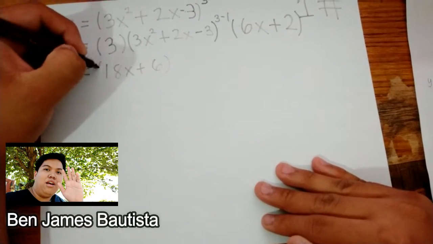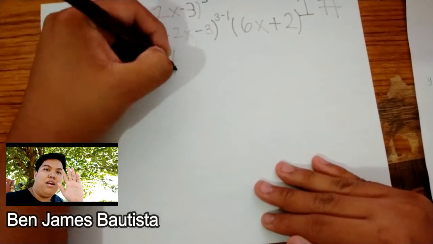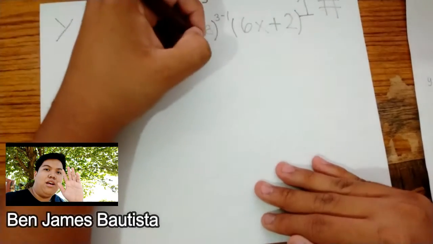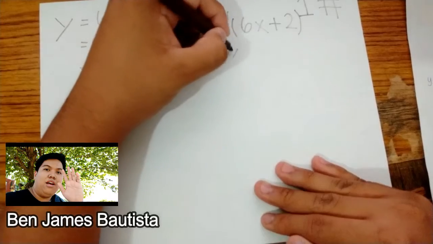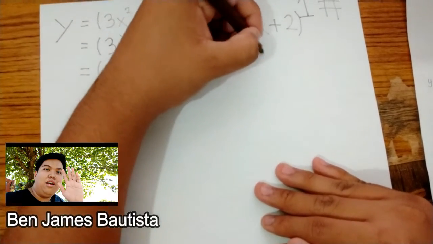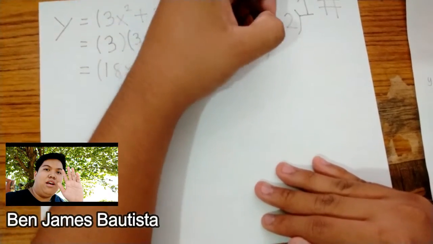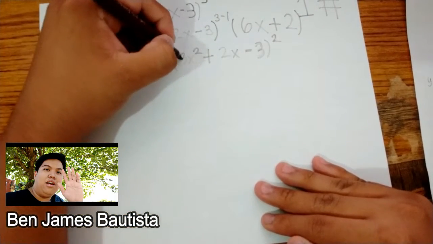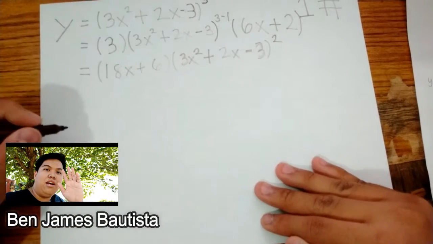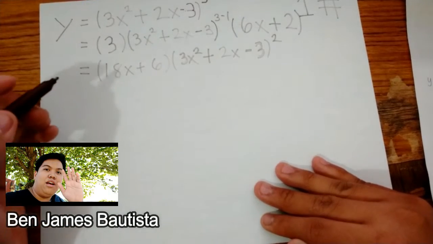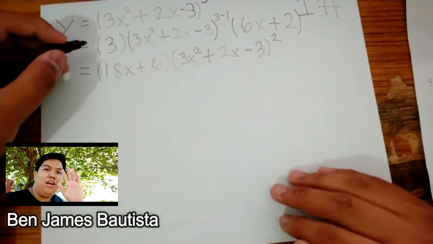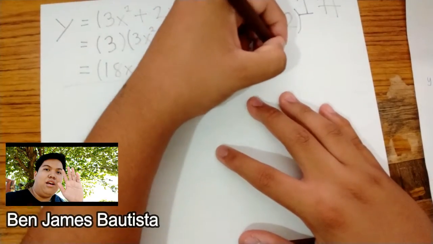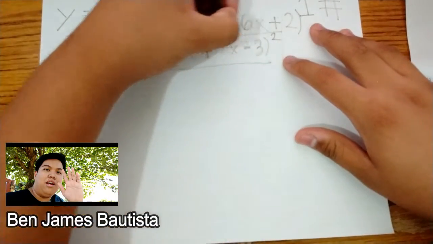And okay, copy the 3x squared plus 2x minus 3. So that should be it. This will be the final answer of this first problem.